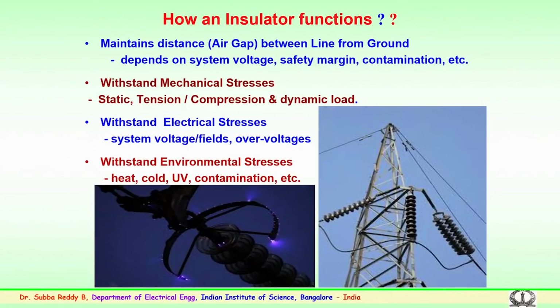Further, they have to withstand the mechanical stresses. The mechanical stresses are not only from supporting the tower. These could be because of dynamic variation, static loads or tension loads.